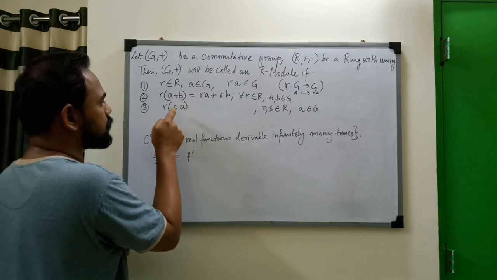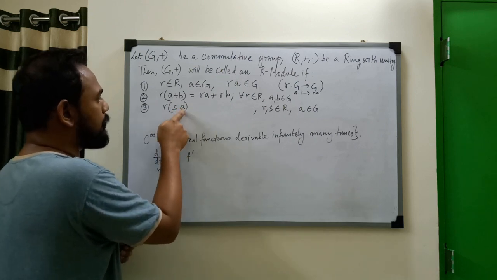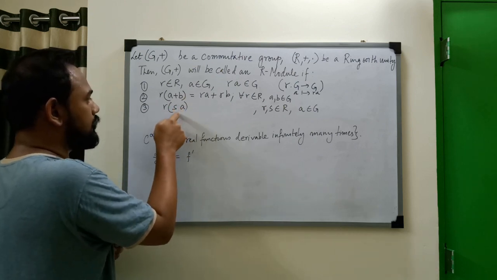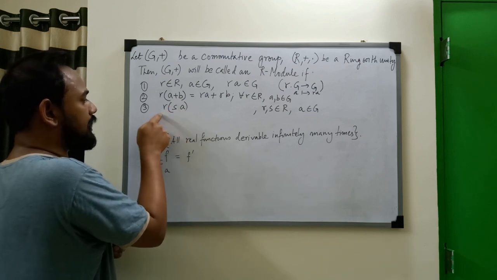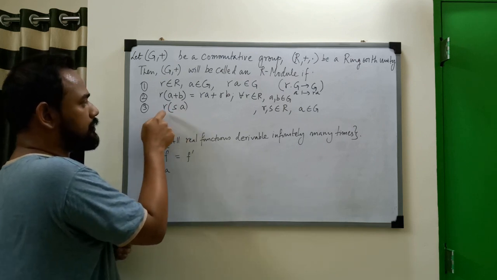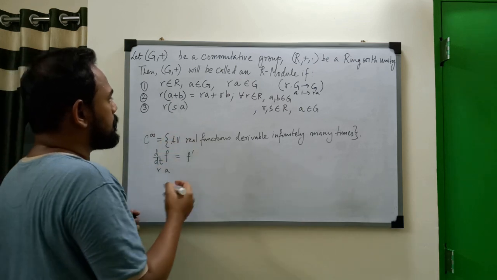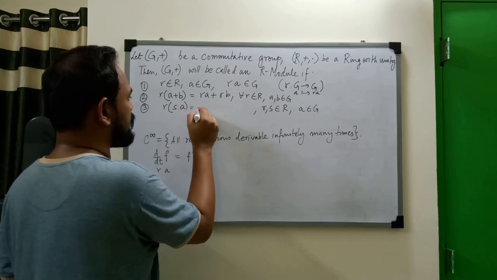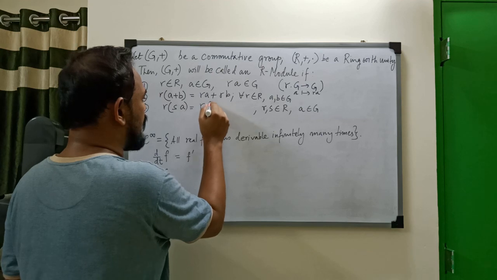Action of a ring element on a group element gives you a group element. Now this is a group element, so I can talk about action of another ring element on this group element. If this is equal to, you put together R and S.